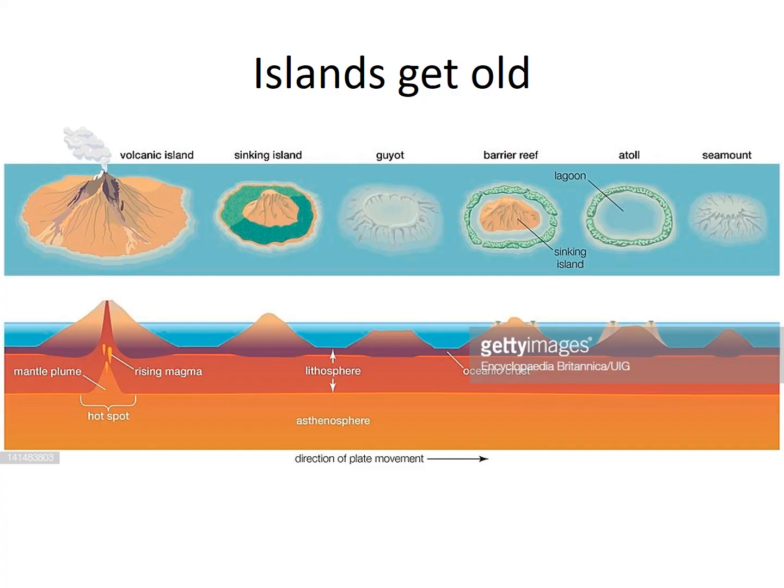Now, what's really interesting about the Hawaiian Islands and a number of island chains, like the ones I've just shown to you in the middle of the Pacific, these intraplate islands, is that if you look at the bottom, you can see what's happening. There's a hot spot where the asthenosphere reaches up through this mantle plume and punches through the lithosphere.